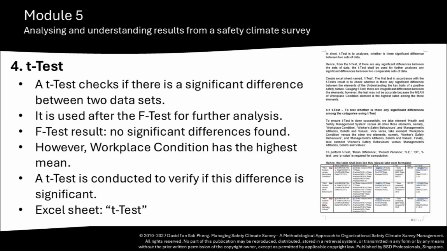This is because the mean value for the workplace condition element is the highest among the three elements, which suggests a potential variation in perception that may not be fully captured by the F-test alone. Therefore, further pairwise analysis using t-tests is organized to provide a more detailed comparison between the elements.